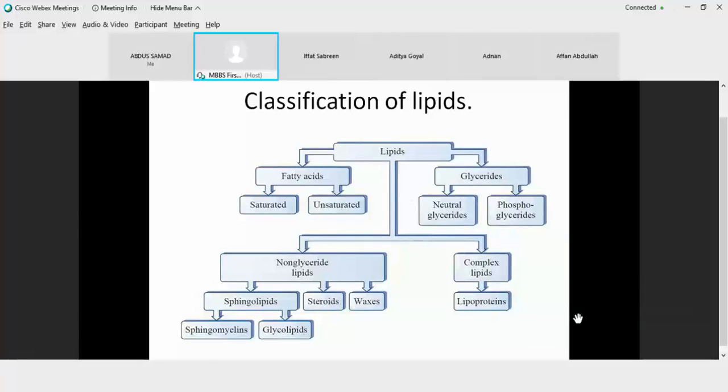Now this is the last thing which we are going to discuss today. We classified lipids starting from the point that they are made up of fatty acids. Fatty acids are saturated and unsaturated. The saturated fatty acids are harmful to your system because they get stacked up.